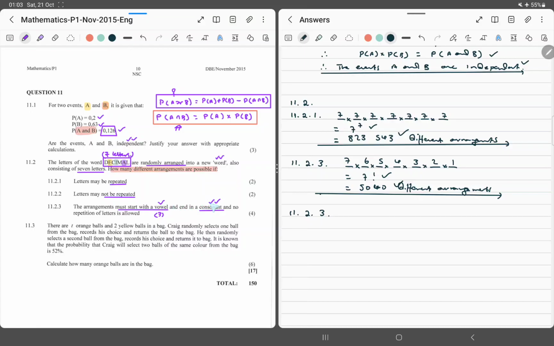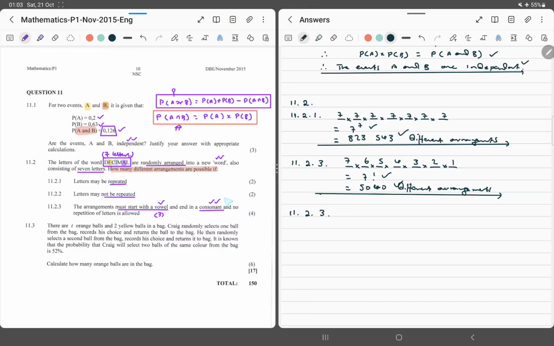Now, what is the story there? The story is saying how many consonants. Remember, these ones are the D, C, M and L. D, can you see your tongue is touching your hard palate there? C, your tongue is also touching there. M, the lips are touching. L, your tongue is touching your palate.